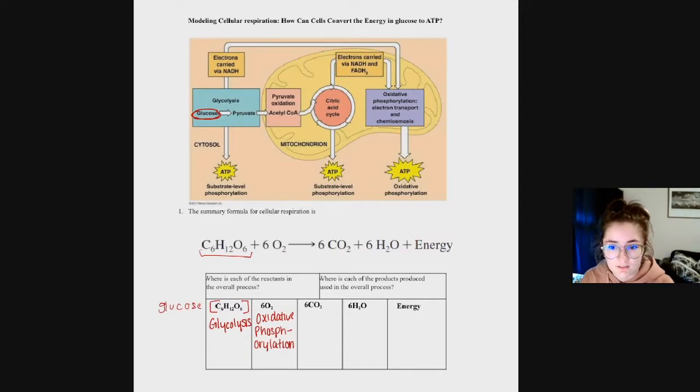Okay, so for carbon dioxide, that's the first product that we're seeing on the product side. Carbon dioxide is found in pyruvate oxidation, right over there, and it's also seen in the Krebs or citric acid cycle.